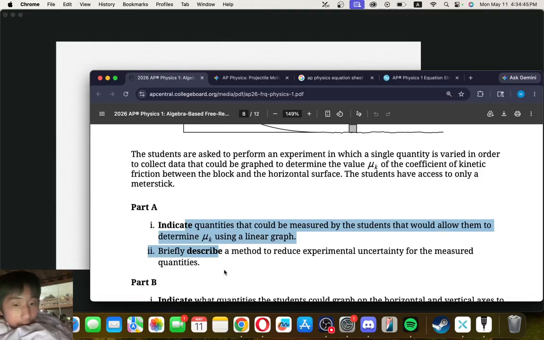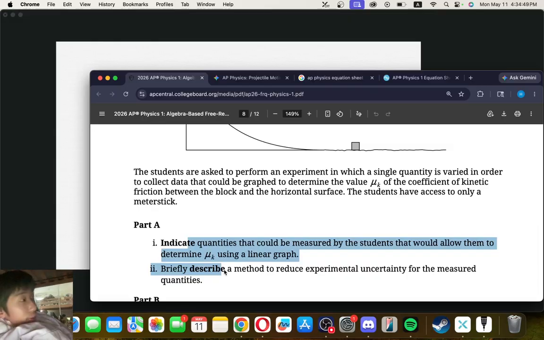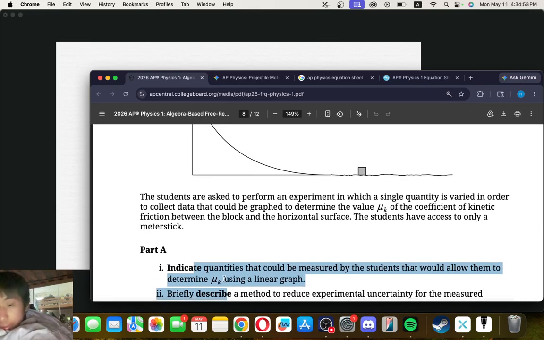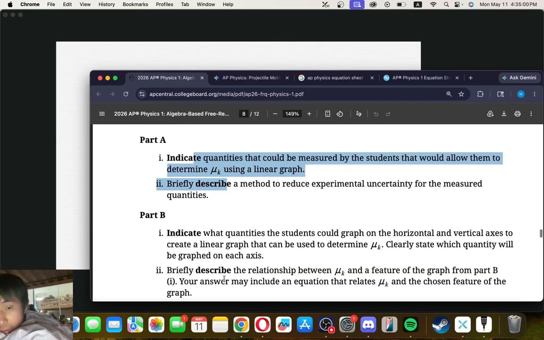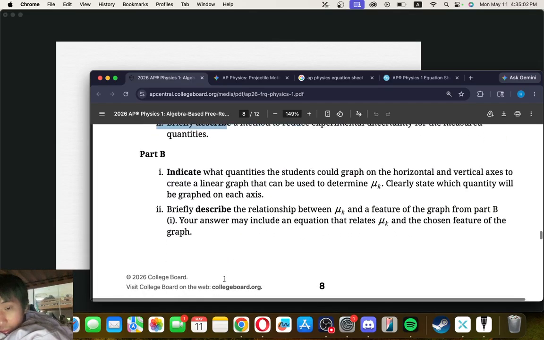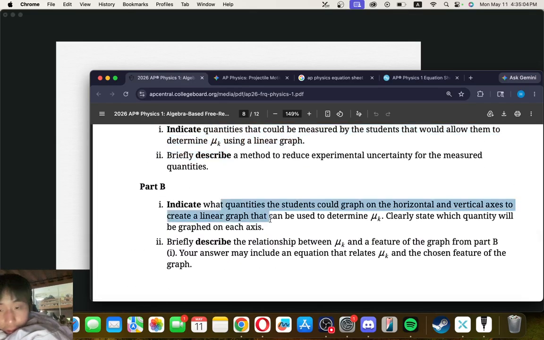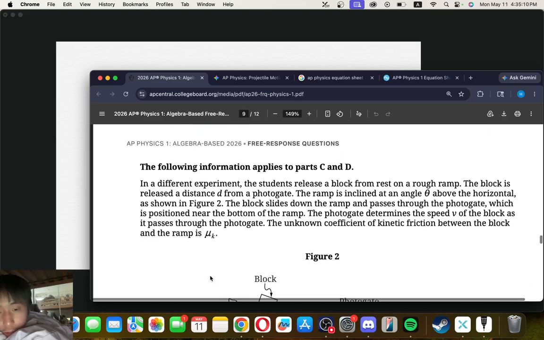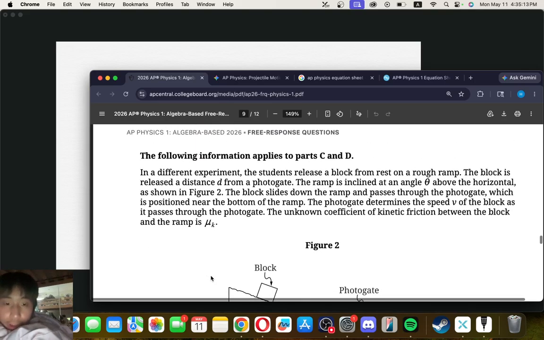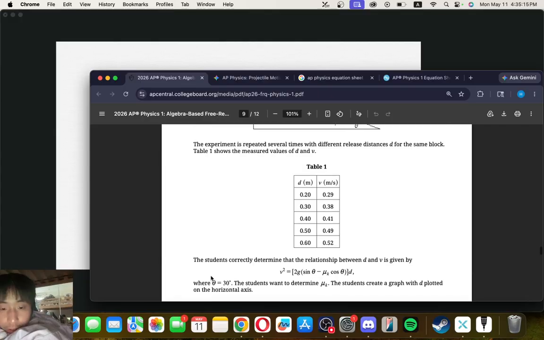But mass is obviously not going to change, unless you want to, I guess. Or you can do 1 over m versus d, but that's so dumb. Okay. Yeah, probably that, I don't know. Reveal the relation between mu k and the graph, just say it's a slope.